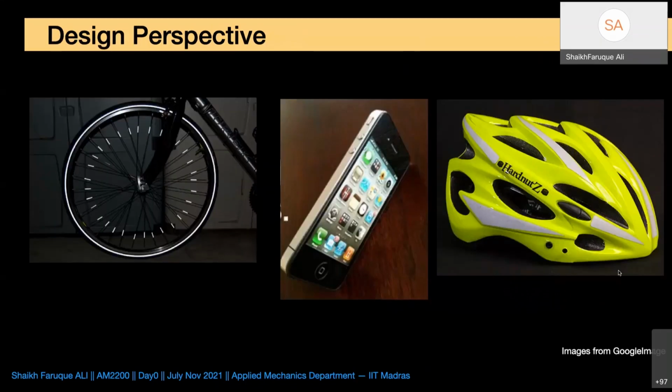Okay, why do we do mechanics for design? You can see a cycle spoke. You can see a lot of spokes in the cycle. I don't know whether you can see my red highlighter here. But you can see a cycle has a tire around it, and there will be a rim after that, and then there will be spokes, right?